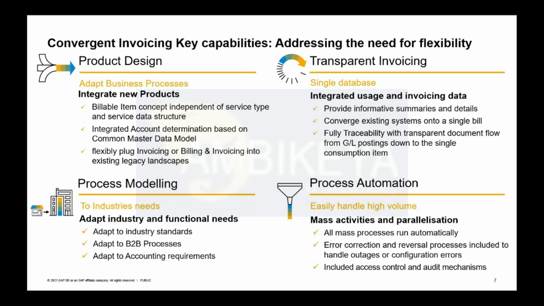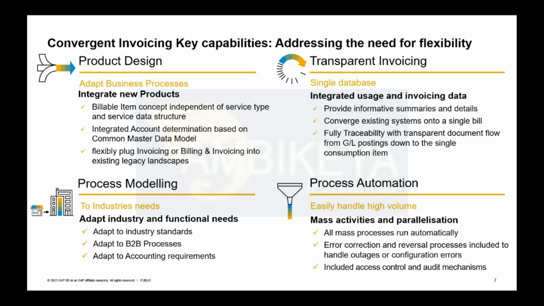Here we are independent. We can easily integrate new products by just integrating new billable items. We have an integrated account determination based on a common master data model. We have a flexible plugin of billing and invoicing into existing landscapes.